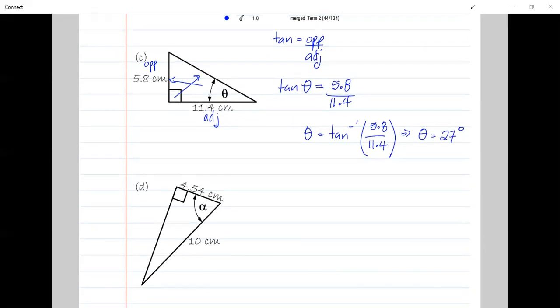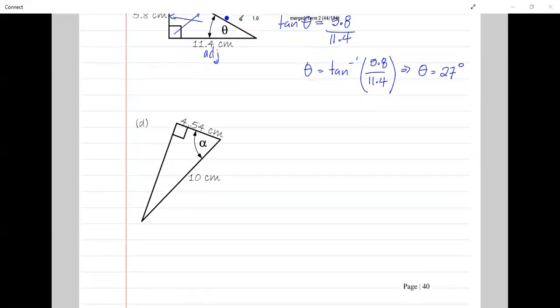And the last question for the day. The side in front of the angle would be opposite. The side in front of the right angle would be the hypotenuse. So where the 4.54 centimeter is the adjacent side, or the side that is adjacent to alpha. So the two sides I'm dealing with are the adjacent side and the hypotenuse.